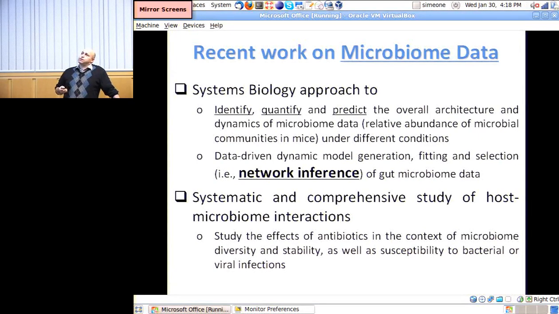It's a systems biology approach to identify, quantify, and predict the overall structure and architecture of the microbial communities in mice under different conditions. The goal is to infer the network that regulates this dynamics, using a data-driven dynamic model generation, fitting, and selection algorithm.